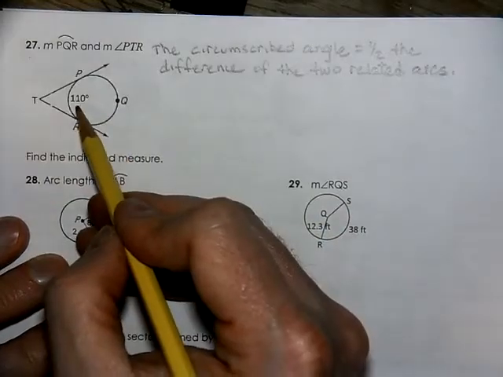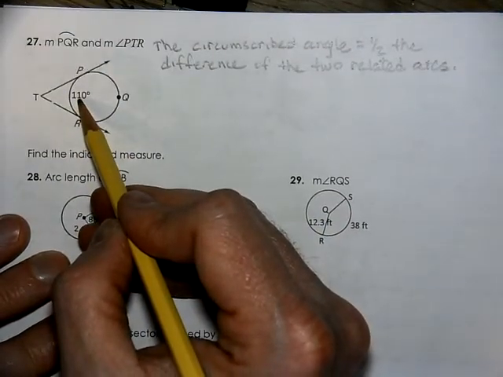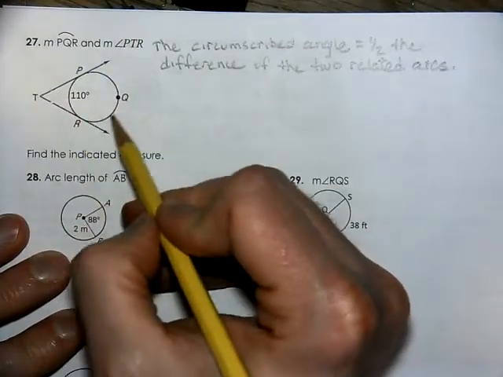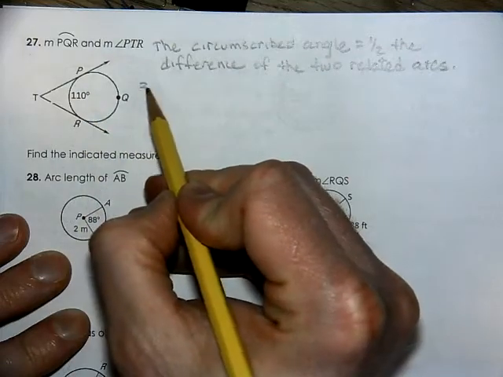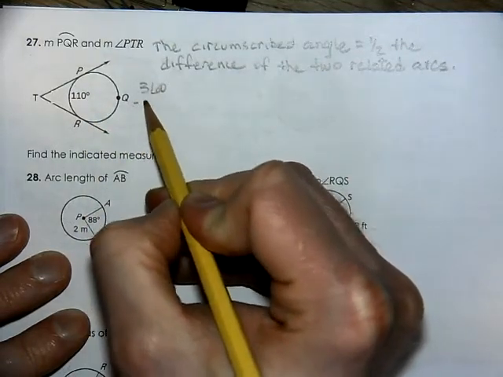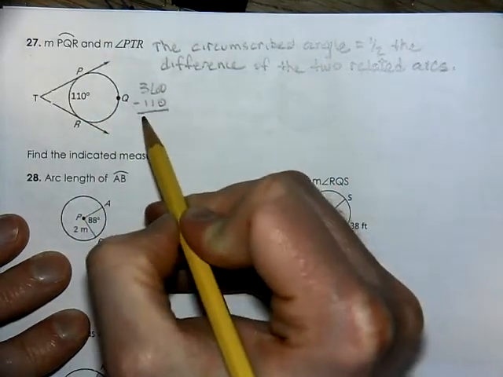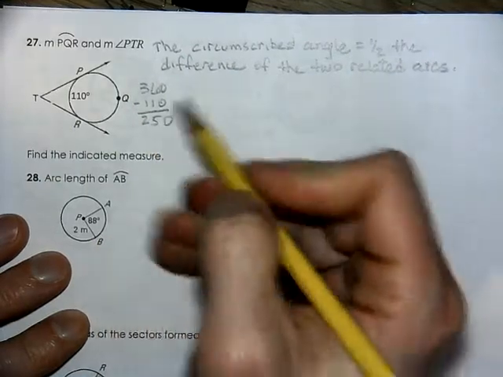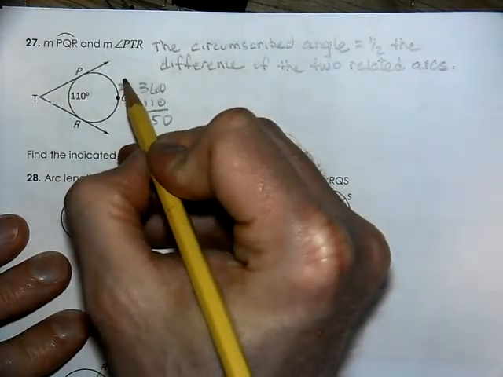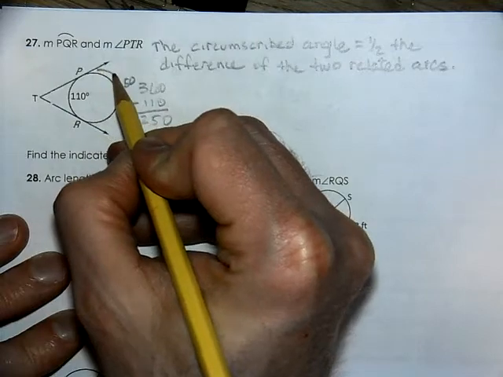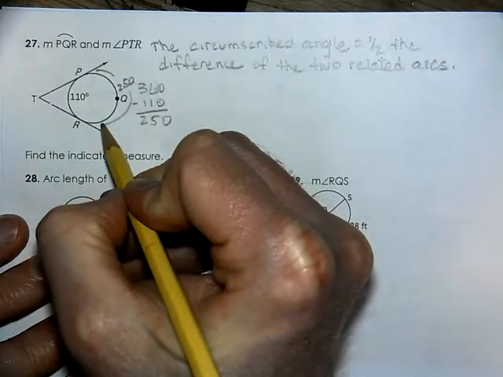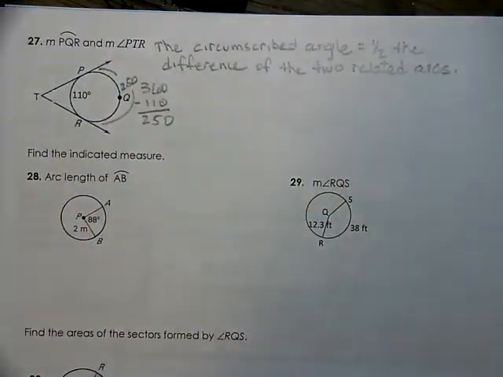So what that means, if we're 110 here, we know it's 360 around the whole circle, so 360 minus the 110 gives you 250. So it's 250 all the way around from PQR. Plus the 110, that's what gives you your 360.